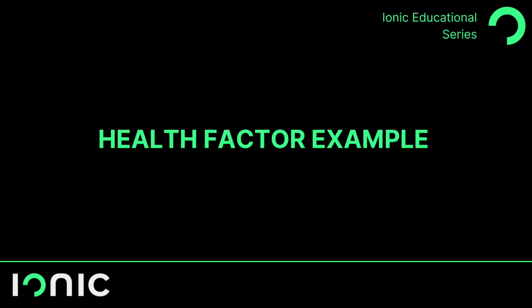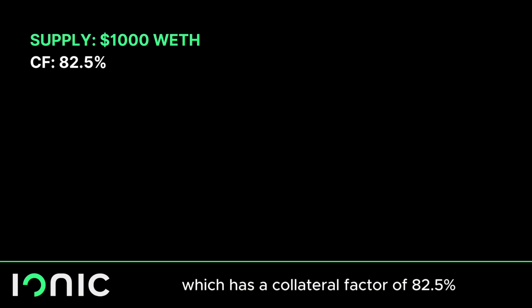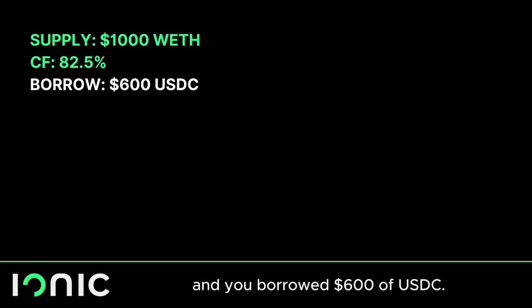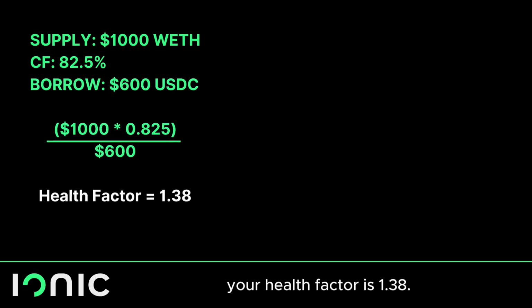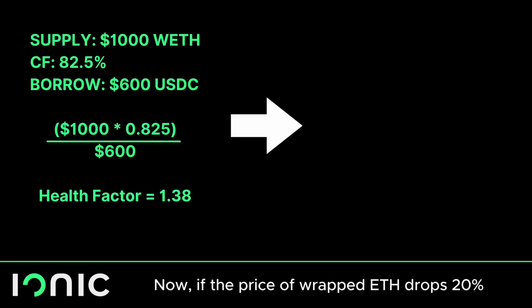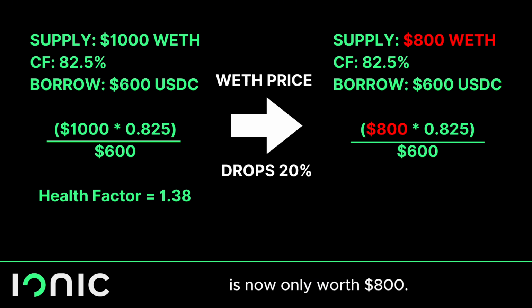Let's look at an example. Assume you supplied $1,000 in wrapped ETH, which has a collateral factor of 82.5%, and you've borrowed $600 of USDC. Using the health factor formula, your health factor is 1.38. Now, if the price of wrapped ETH drops 20%, your original $1,000 deposit is now only worth $800.